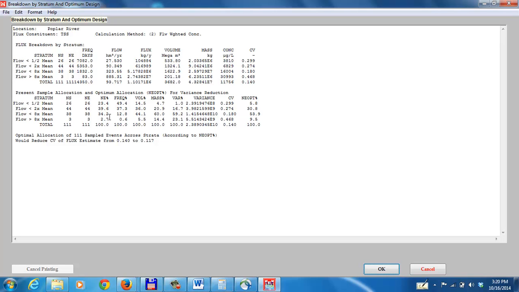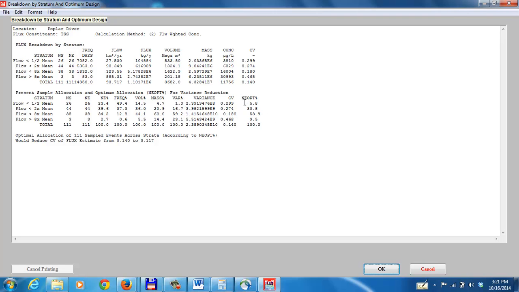The next one is 34%, and then the last one is 2.7%. The flux model goes through and determines where those samples would have been better placed within this scheme. So instead of the 26, 44, 38, 3, it tells us we should rearrange them in a different way.